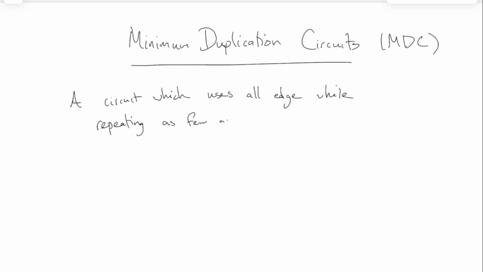All right, that's what a minimum duplication circuit is. It uses all edges while repeating as few as possible.